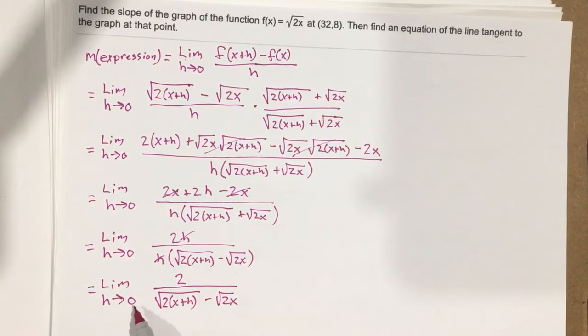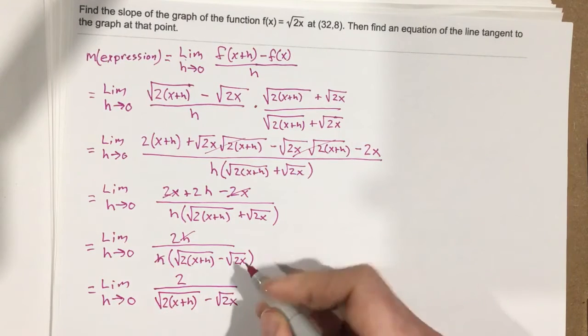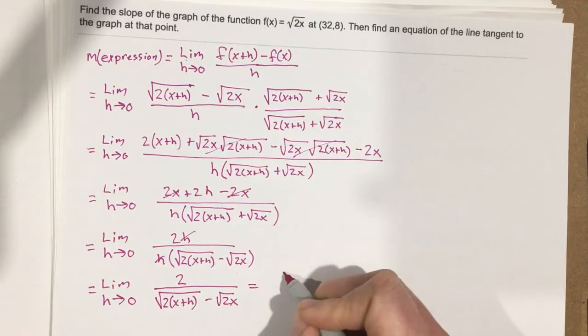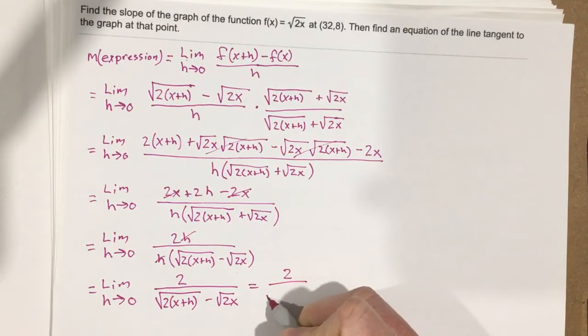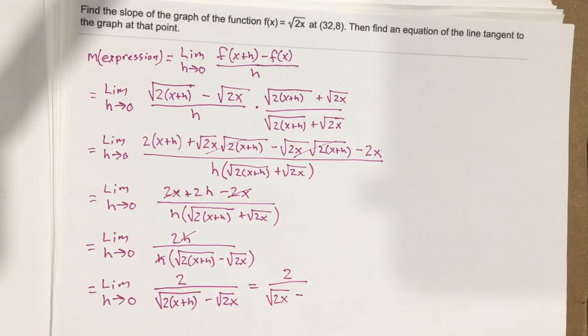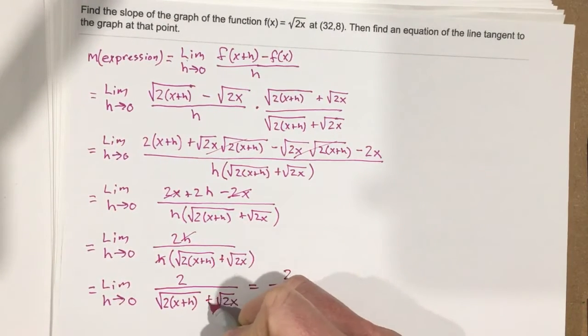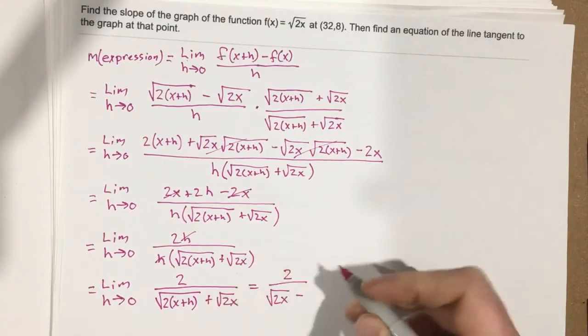Now when I plug in this 0, 0 comes in here, and I'm going to be left with x plus 0 times 2, which would just be 2x on the inside. So I really end up with 2 over root 2x minus, sorry, this should have been a plus. I should have had a plus there. I missed that plus sign.